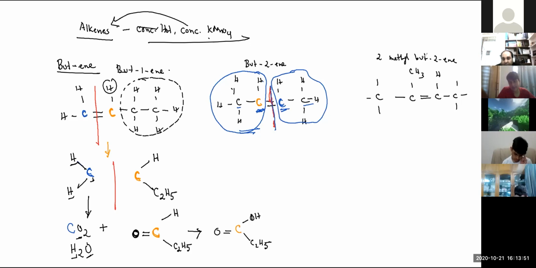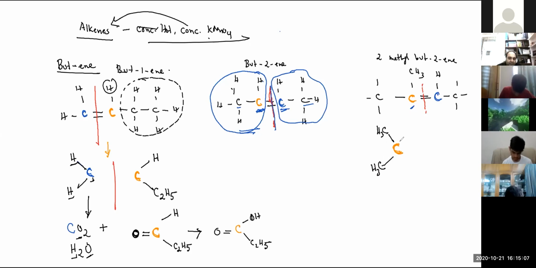Now let's come to 2-methylbutene. Kaif, are you there? Yes, sir. So the orange carbon is linked to what groups? It's bonded to 2 R groups. Very good. So this is the orange carbon, which is bonded to a CH3 and a CH3.